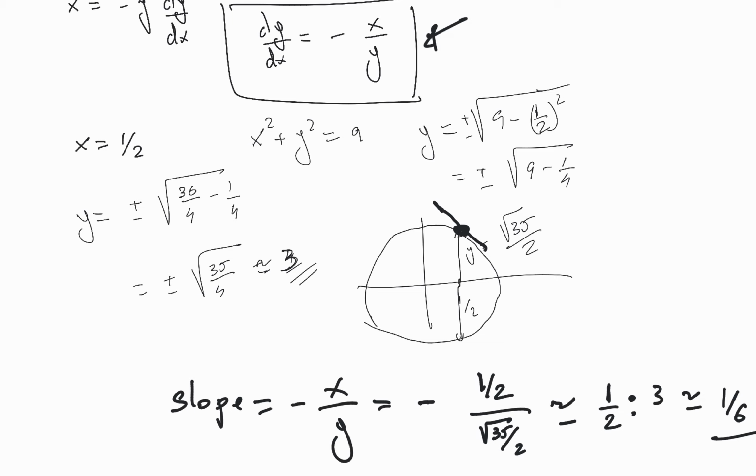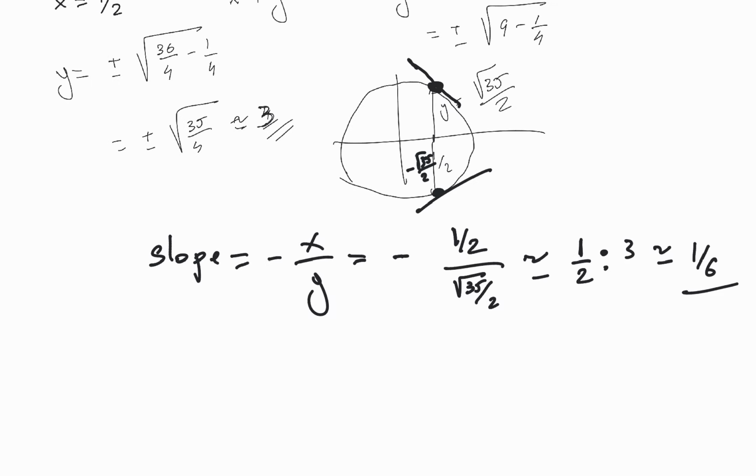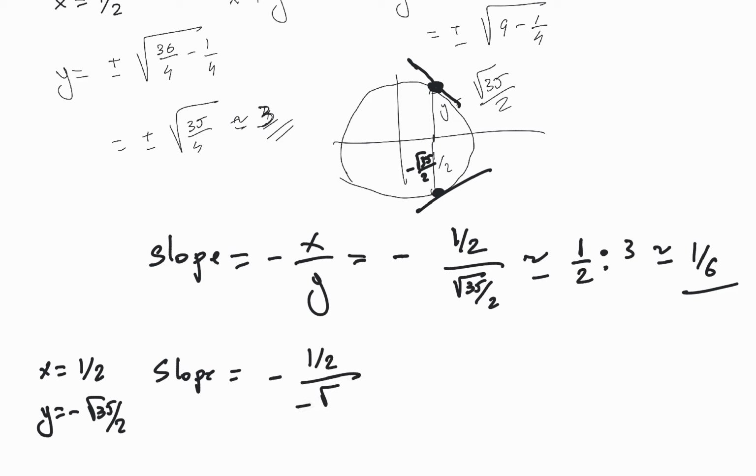If you go to the point with y equals minus the square root of 35 divided by 2, when you plug in numbers, with x equals 1/2, the slope will be minus 1/2 divided by minus the square root of 35 divided by 2, and this will give positive 1/6.